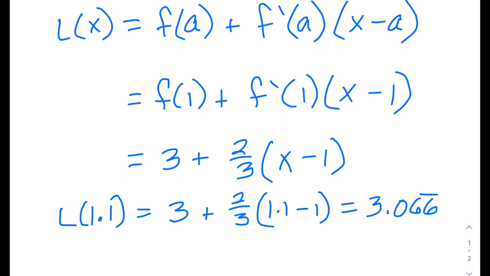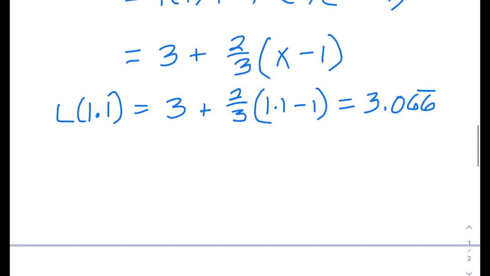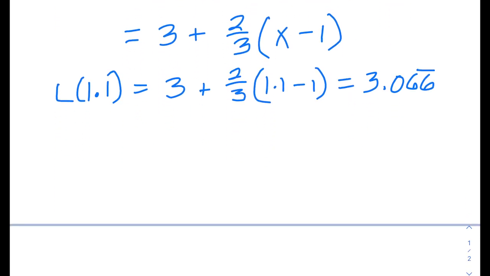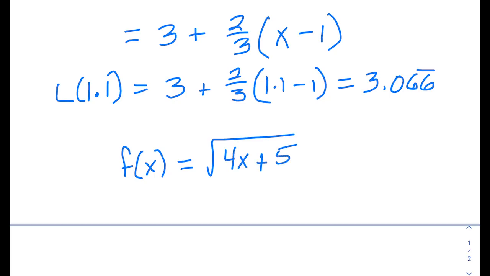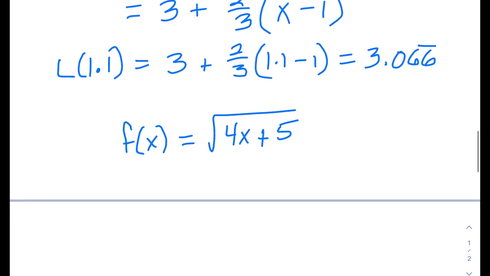Now the actual value is always going to be our original function. And rather than scroll back and forth on you, I'm just going to rewrite that here. But our original function was f of x equals the square root of 4x plus 5. And so to get the actual value, we're going to plug in this 1.1 that we see here into our original function.